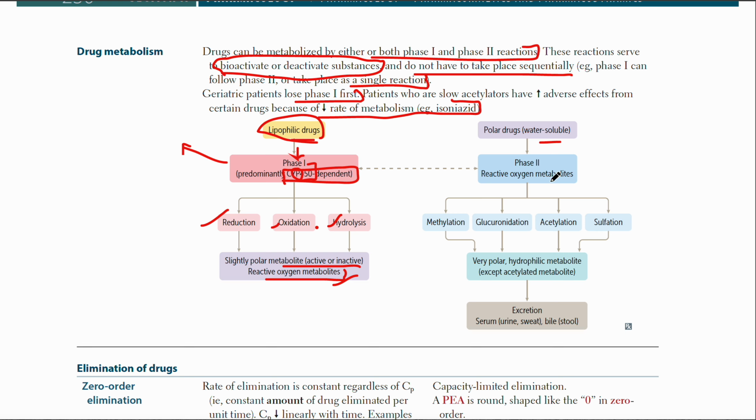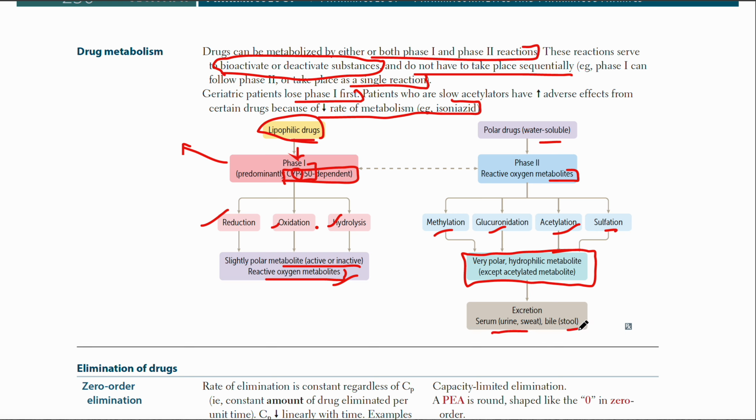In phase 2 reactions, the metabolites formed in phase 1 reactions usually undergo methylation, glucuronidation, acetylation, and sulfation, and that will lead to a very polar hydrophilic metabolite, except the acetylated metabolite. They will get excreted, either by urine or sweat, or by bile in stool.